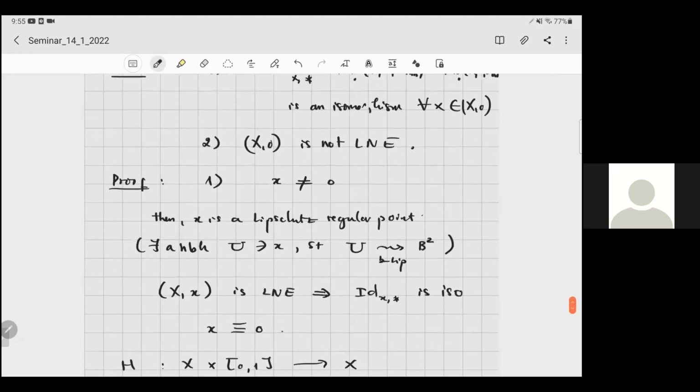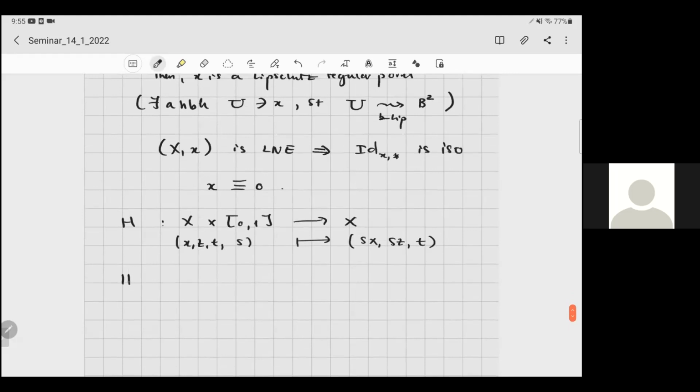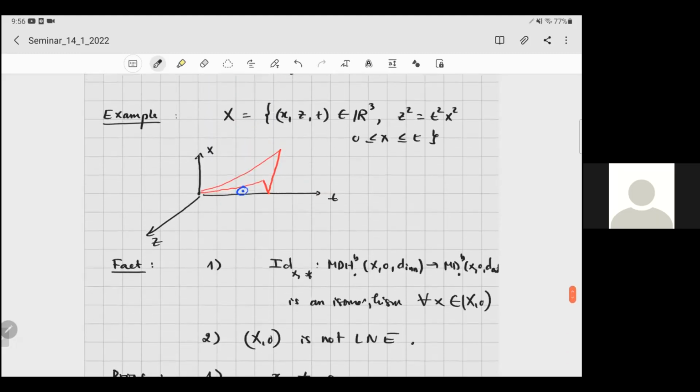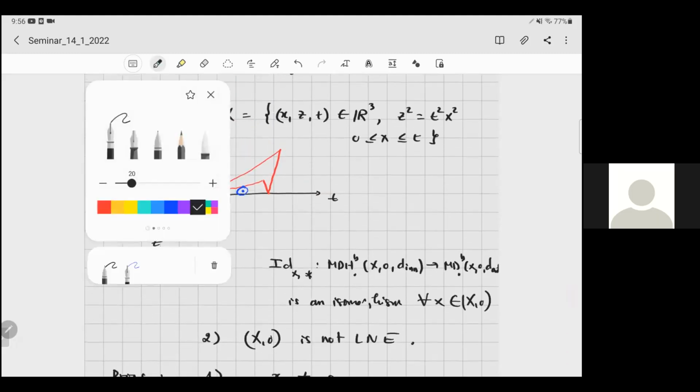Actually H0 is equal to the identity, and I take g equal to H1, which is a map from X to Y, the z-axis and t-axis.